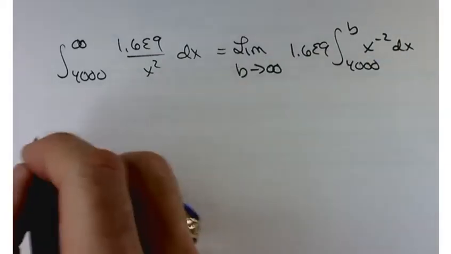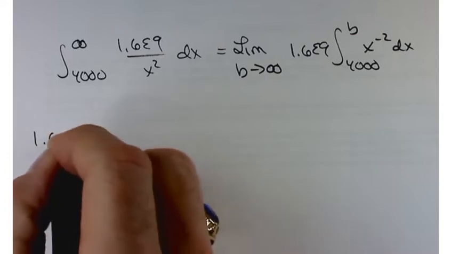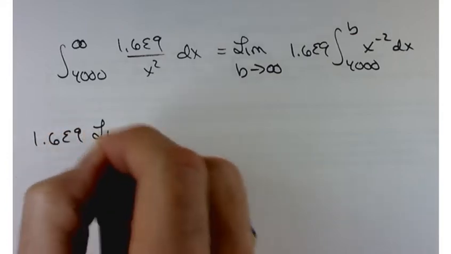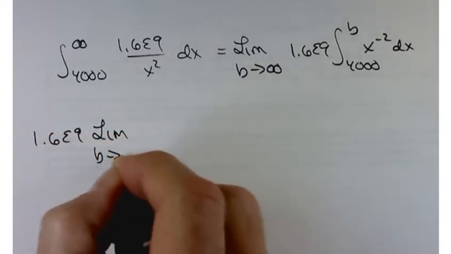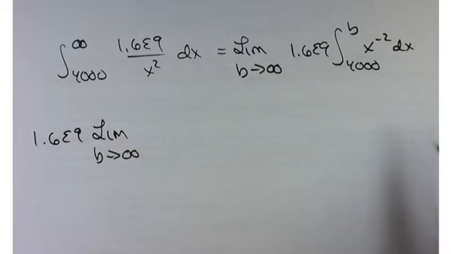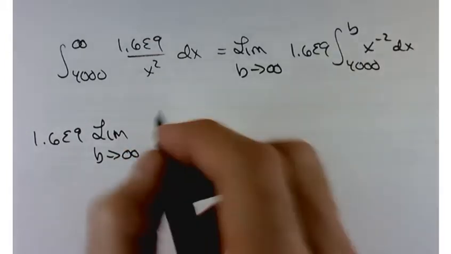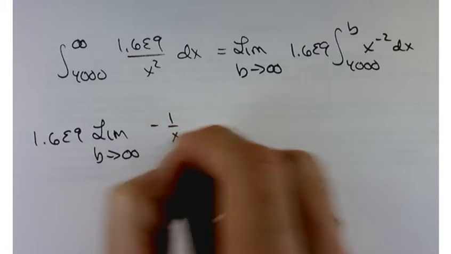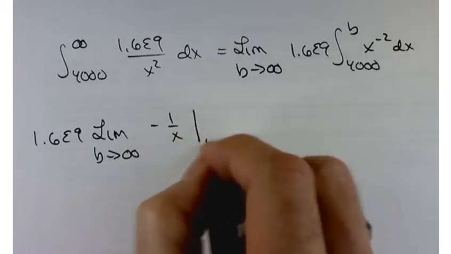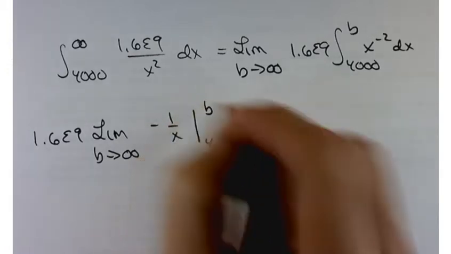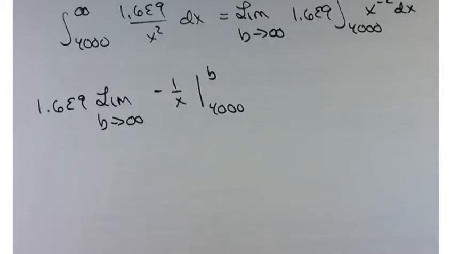So let's factor out the 1.6 E9 times the limit as b approaches infinity. The antiderivative here is going to be negative 1 over x between the limits of 4,000 and b. Okay. So let's keep going.